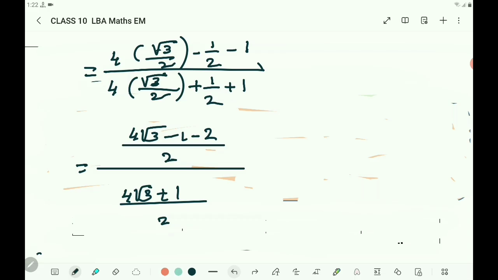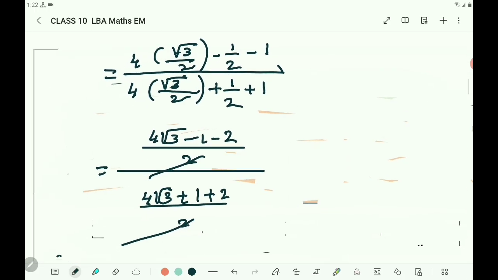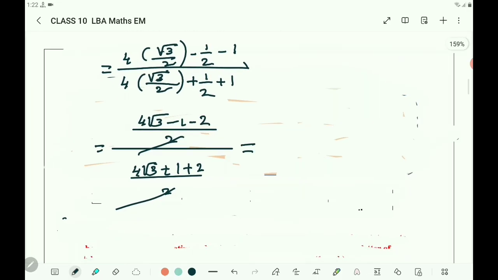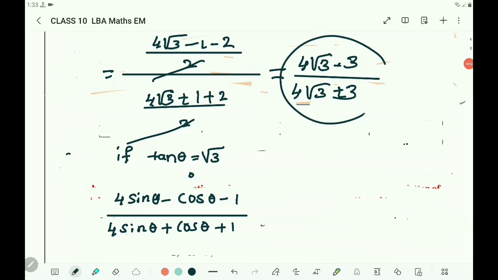This 1 should be multiplied by 2, plus 2. You can cancel this 2 and this 2. That equals, what is remaining in the numerator? 4 root 3 minus 3. In the denominator 4 root 3 plus 3. Here you got 4 root 3 minus 3 by 4 root 3 plus 3.